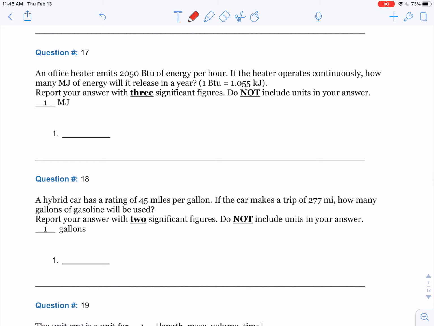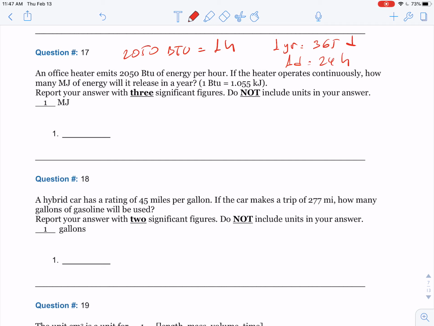In this one, an office heater emits 2050 BTU of energy per hour. So 2050 BTU equals 1 hour. If it operates constantly for a year, then 1 year is 365 days and 1 day is 24 hours.